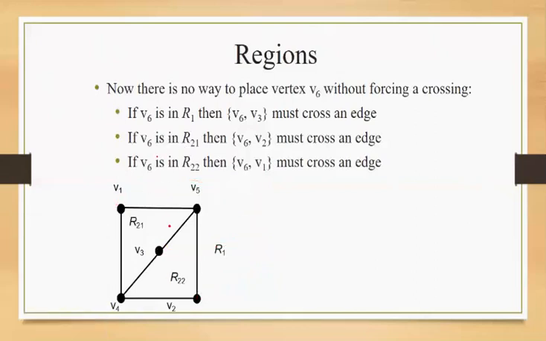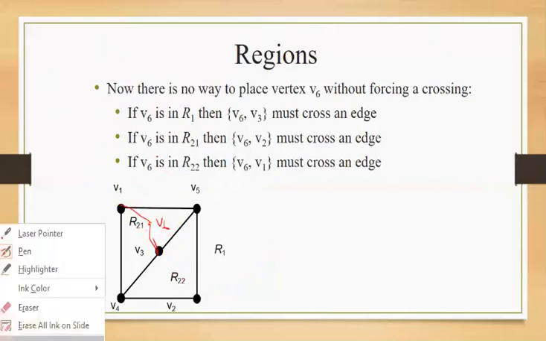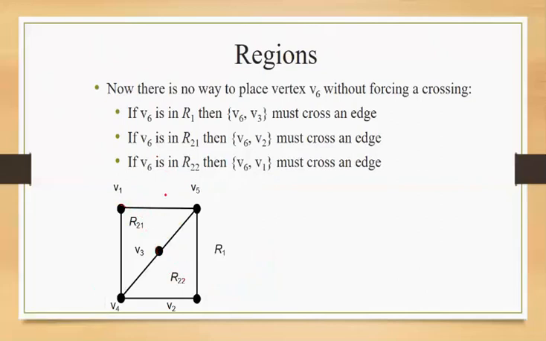I can connect V1 and V3 without any crossing, but I cannot connect V6 and V2, because the edges will cross. So this is also not possible. Now V6 in R22: if I place it here, V6 and V1 must cross an edge. So we can see that there is no way K33 can have a planar representation.